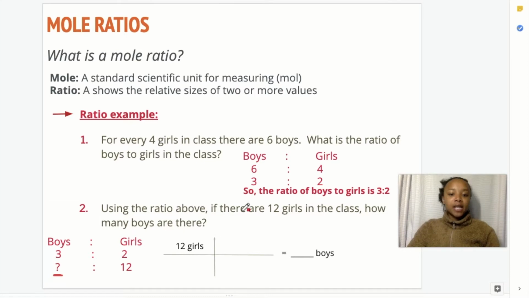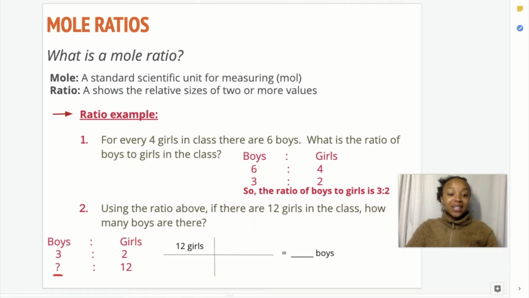So I'm going to set it up how I always set up anything when we're converting between one thing and another. So when we convert from grams to moles, we make sure our units cancel out. Same thing here. So I'm going to put what I have, my 12 girls. And then I'm going to put the ratio.